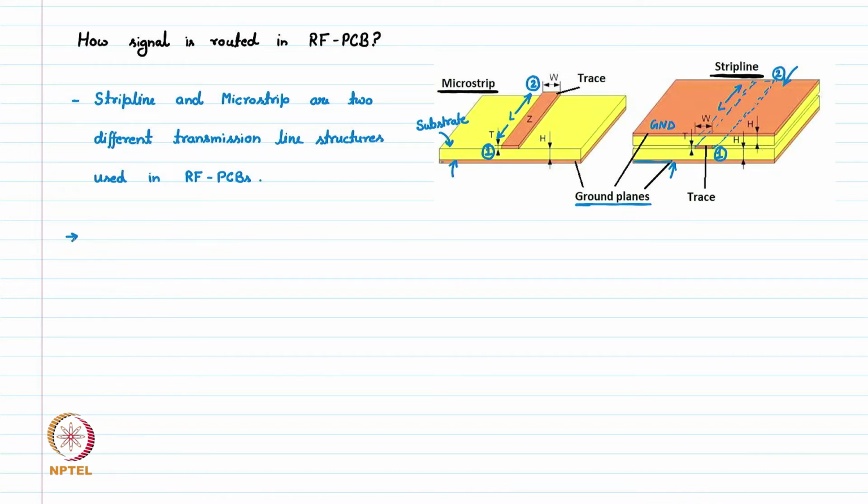The key difference between these two structures is that the strip line is fully exposed to the dielectric material.